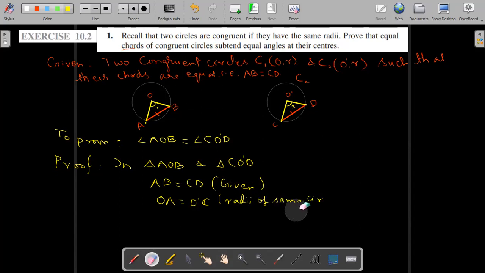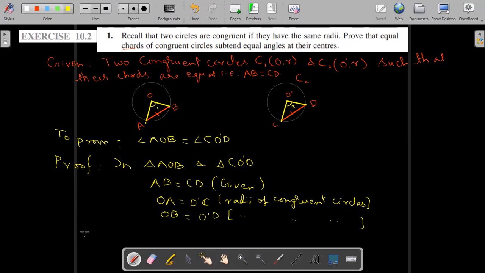Here we have two different circles, but they are congruent, so they have the same radius. Radii of congruent circles. And the third one, OB, is also equal to O dash D with the same reason, they are also the radii of the congruent circles.